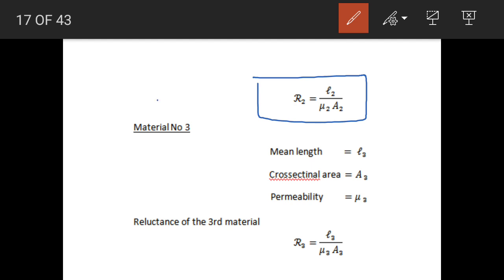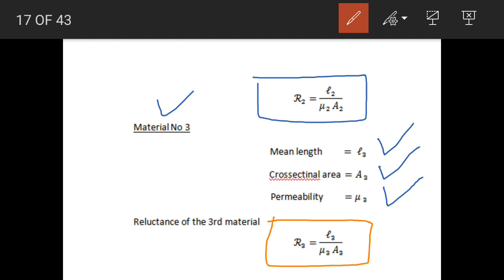We consider material number 3. The mean length of material number 3 is L3, the cross-sectional area is A3, and the permeability is mu3. We can calculate the reluctance of material number 3 with the help of this particular equation.